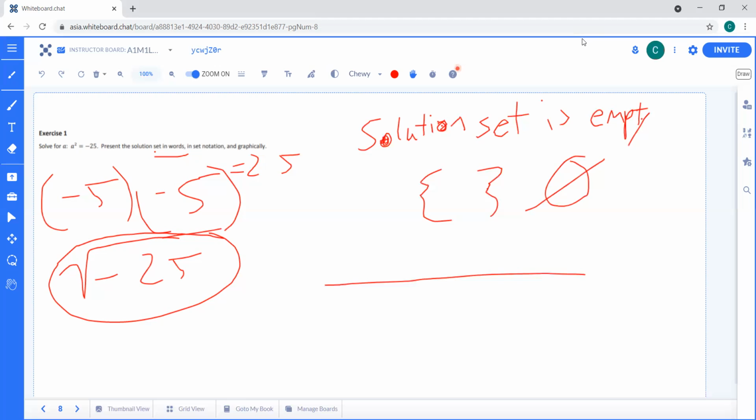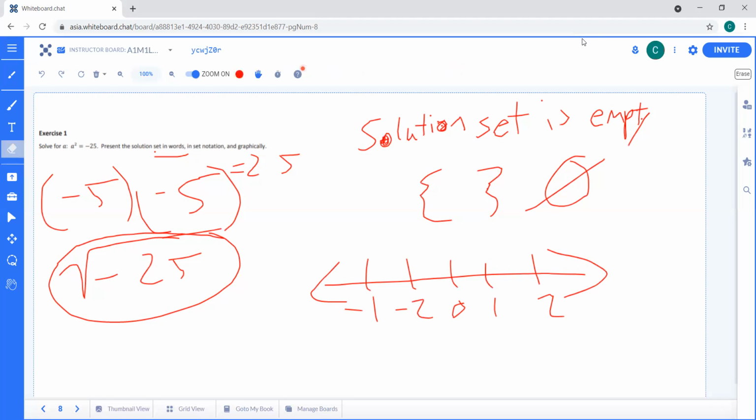And graphically, we write it down through here like this, and we would say, oh, that's wrong. Oh my goodness, I'm going crazy here. What happens when you try and get in a hurry? You wouldn't put anything. You would not have a dot on this line. So there's nothing there. We cannot represent it graphically.